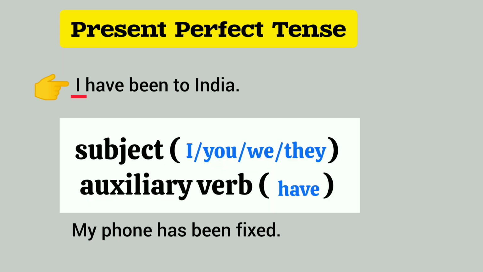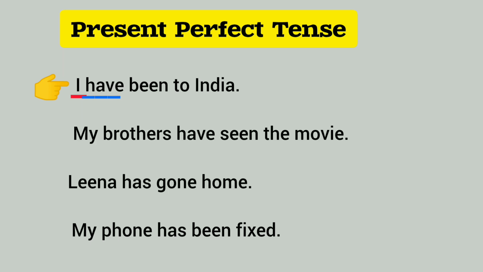If you start with the subject I, you, we, they, we have to follow with have. I have, you have, we have, they have. And after that, we use the past participle of the verb. In this case, the verb is be, and so the past participle is been. I have been to India.